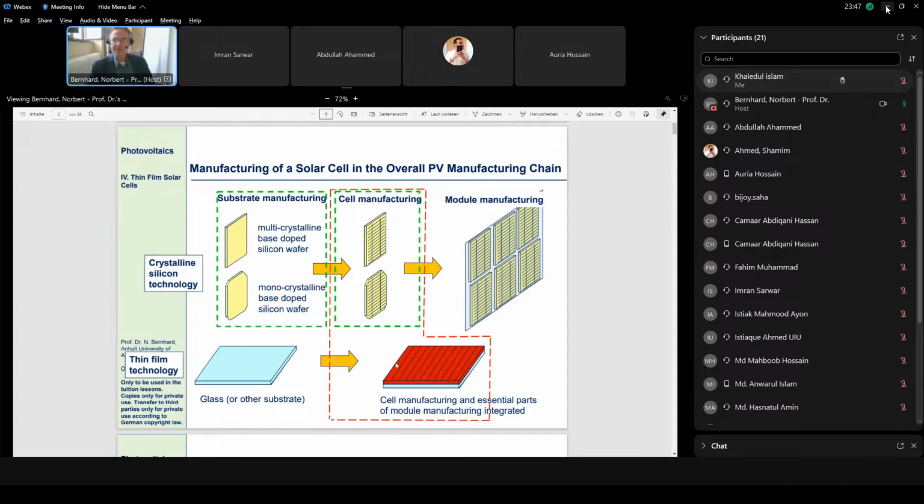Okay, this picture gives you an overview of the 3 most important thin film technologies, and it's a typical layer sequence. That means we will certainly find deviations, but the majority of all the cells of this type will follow this layer sequence.